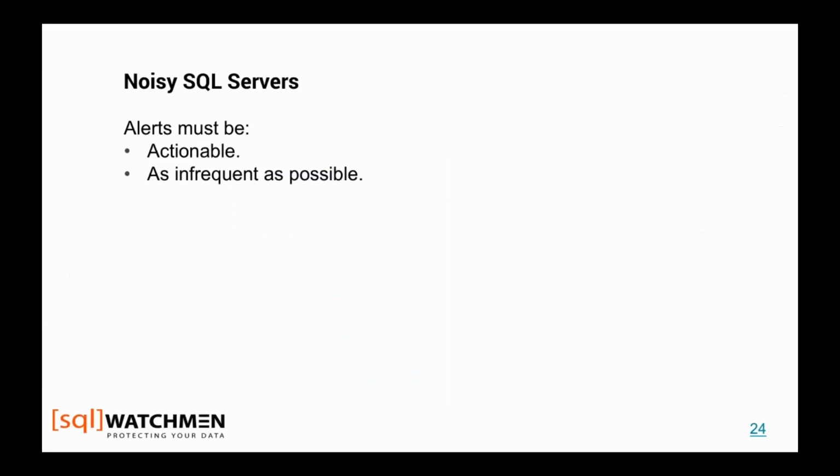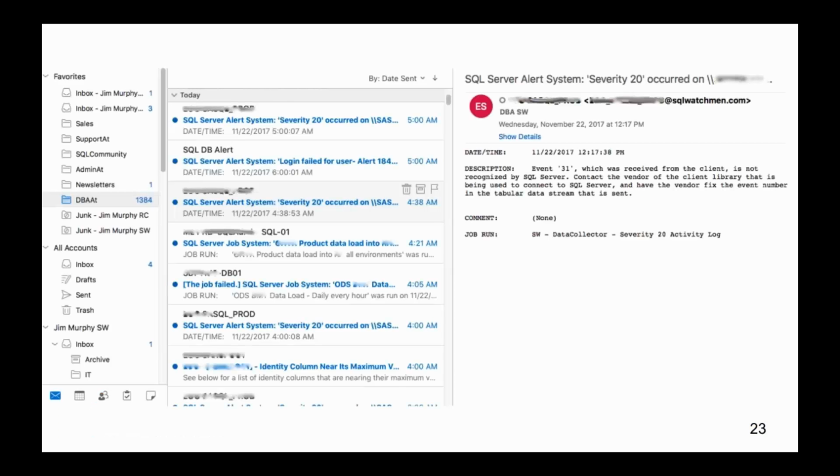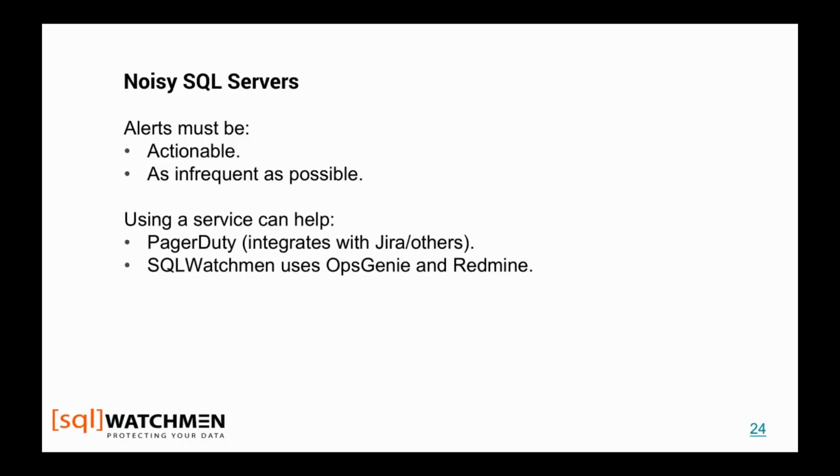It's a big problem. So to help with this, alerts must be actionable. If an alert is not actionable, then there needs to be a way to suppress the alert, whether that's custom coding on your part, or maybe you can simply disable the alert, or use some kind of a service. One of the services that we use is OpsGenie or PagerDuty. You might have heard of those before. They're pretty cool.